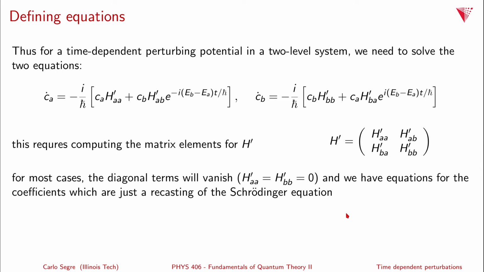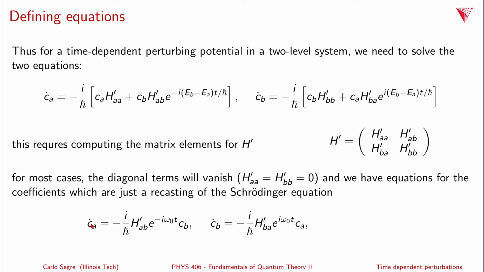Then these two equations simplify because the first terms in each of them go to 0. And so we have Ca dot is minus i over ħ H'ab e to the minus i ω0 t times Cb, and then Cb dot is equal to minus i over ħ H'ba e to the i ω0 t Ca.